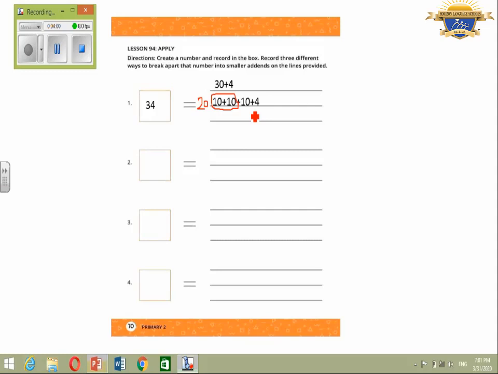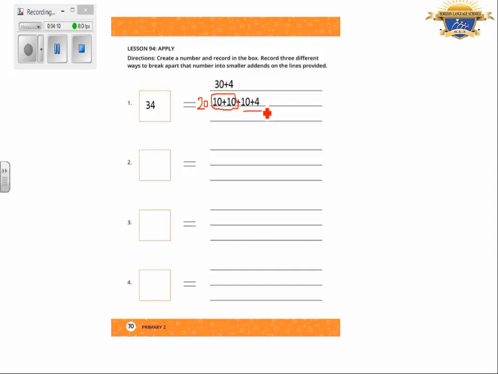And remember, when we move 10 into ones, I remove it as ones. So the 1 ten equals 10 ones. So I will add or regroup those ones together, and I will have 14. So as you can see, I will have here 20 plus 14.